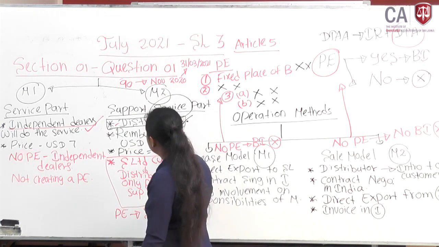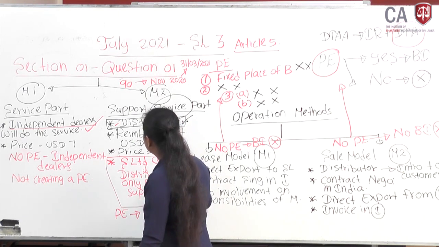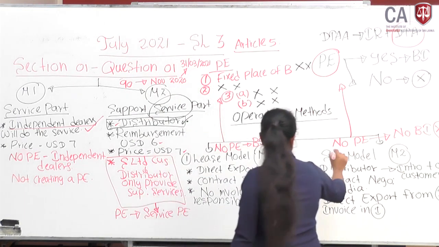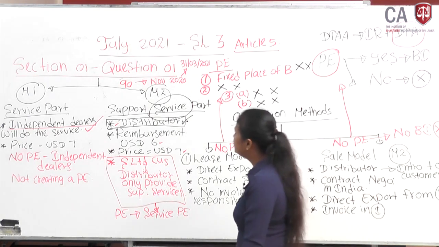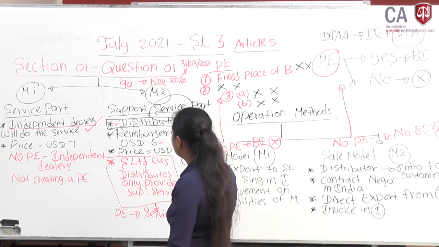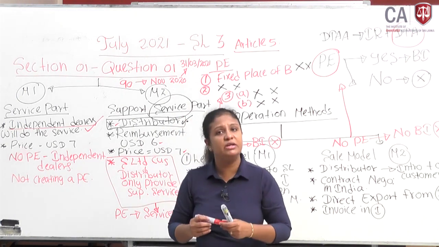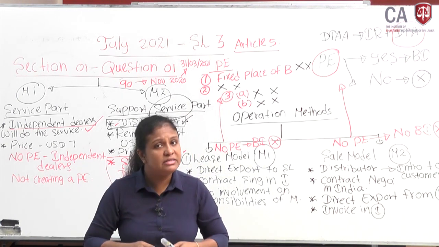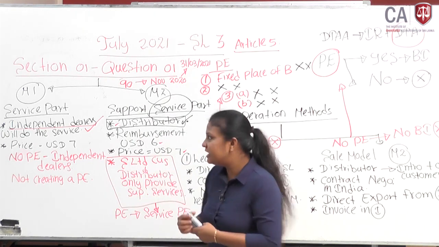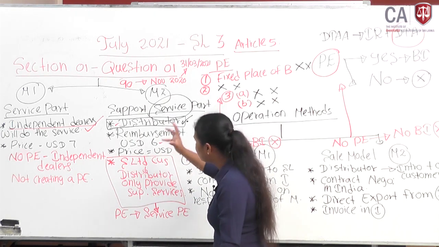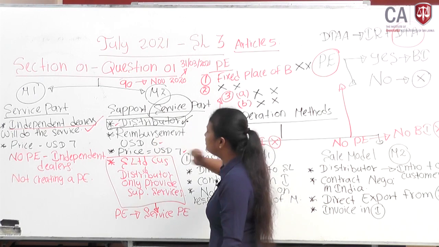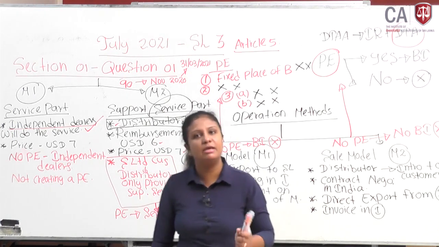Only under this support service part under model 2, which is the sale model, there is a PE. Now, are you going for a dependent agent? You can, Lamai, but very strongly we can go for a service PE under paragraph 3(b).